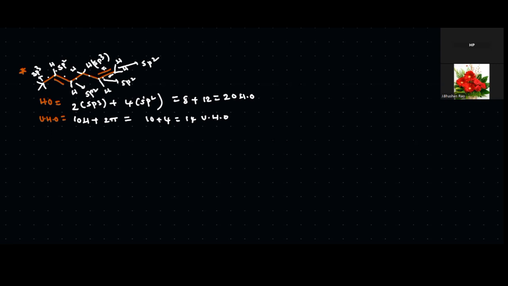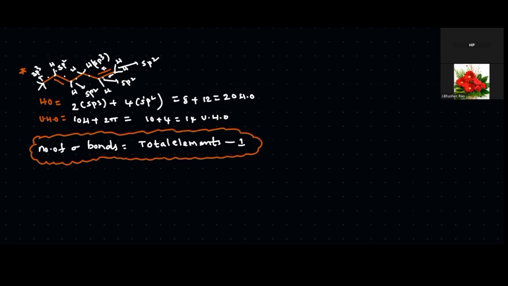Number of sigma bonds is equal to total elements minus 1. Use this formula and you will get the number of sigma bonds in any kind of molecule. This is the formula.